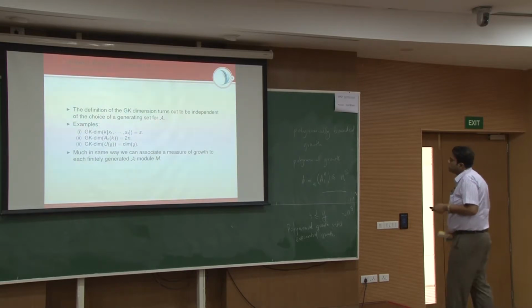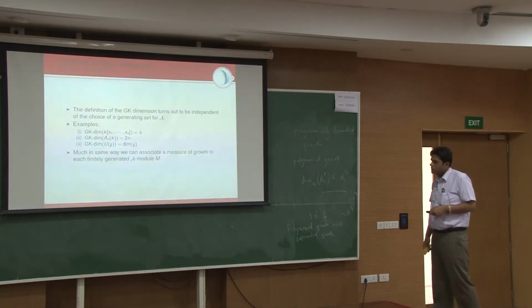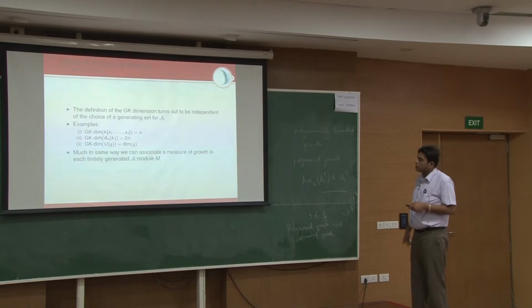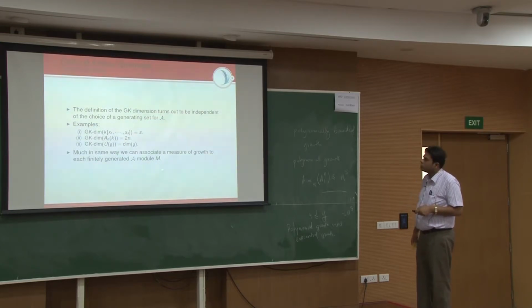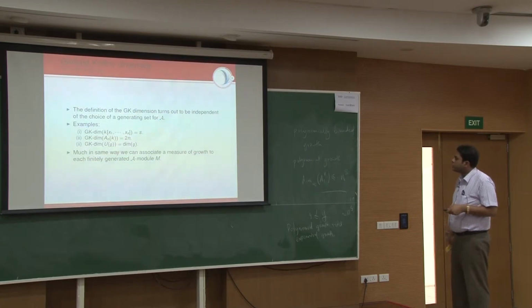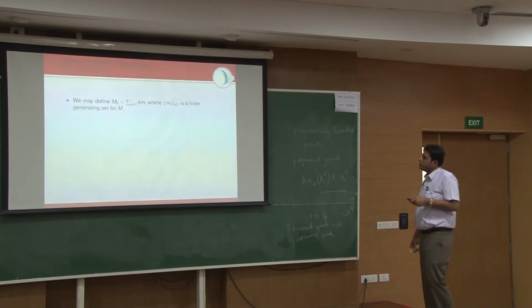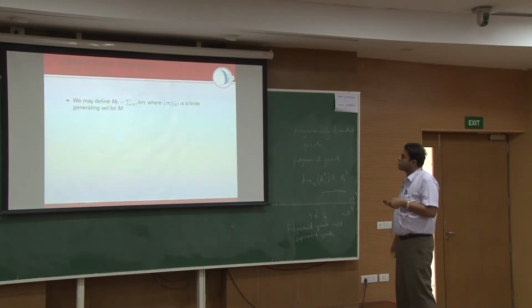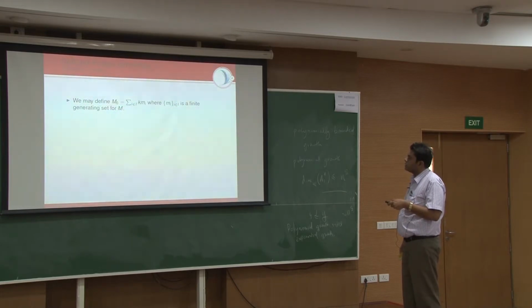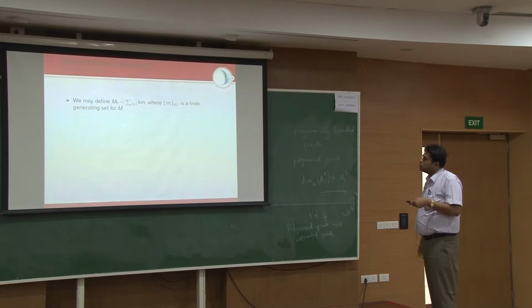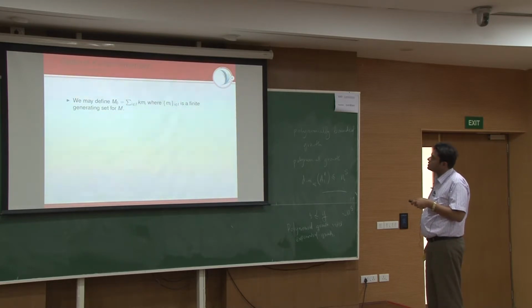Now, it's sometimes useful to study representations, and for representations we can talk about GK dimension. Let M be a finitely generated module over A. I can talk about the GK dimension of M. First, since it's finitely generated, I define M naught, a subspace of M, to be the span of the generators of M. As in the case of the algebra A, it doesn't matter which generating set for M I pick.